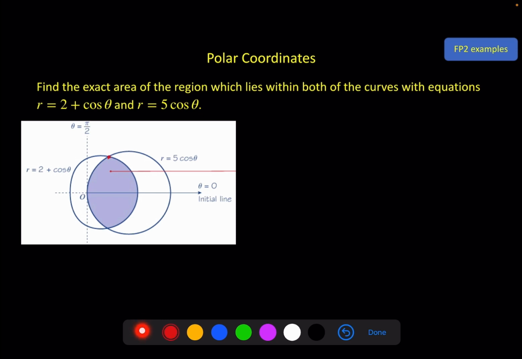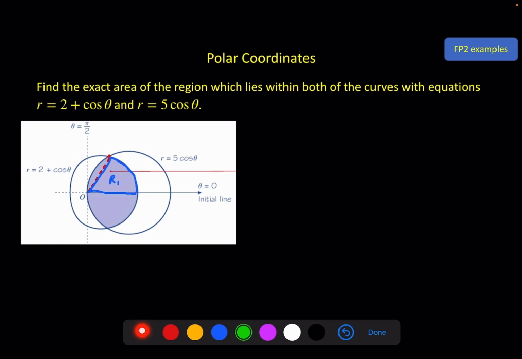We need to know this intersection point here, so that we can integrate from the initial line on this curve here, r equals 2 plus cos theta, to this intersection point to get this one here, which I'll call region 1.